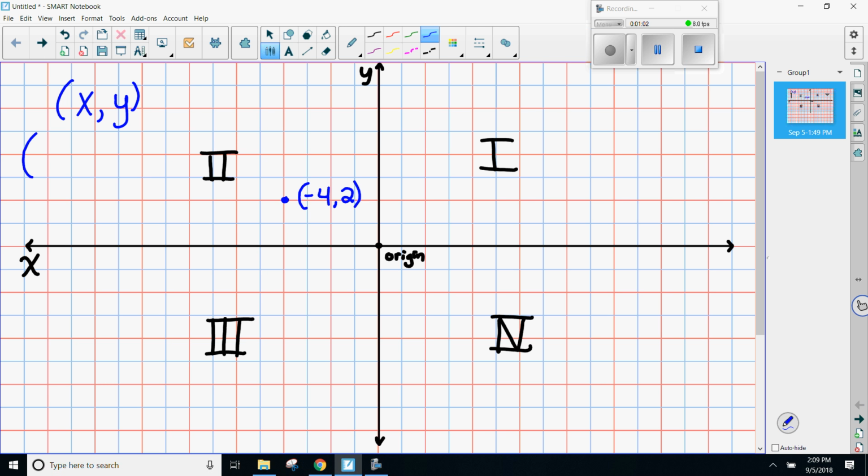So we can also refer to it as this. If you hear a college professor mention the word abscissa, all they're talking about is the x value. It measures the distance from the vertical axis, and the second one, the y-coordinate, is called the ordinate.